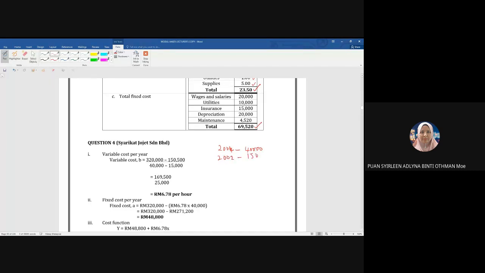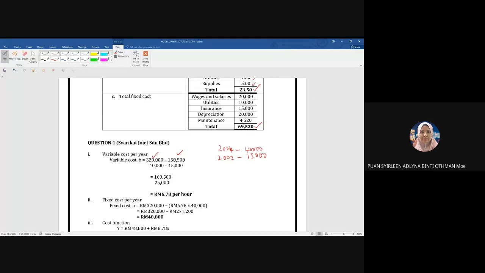Okay, 15,000. So saya akan ambil cost tahun 2004, saya minus dengan cost tahun 2002, which is 320,000 minus 150,500 ringgit.